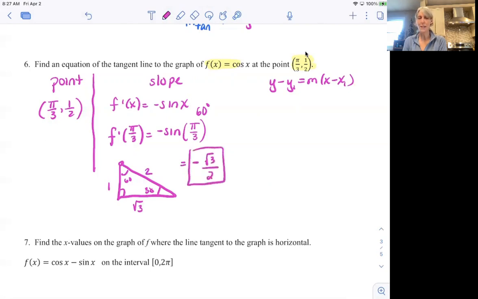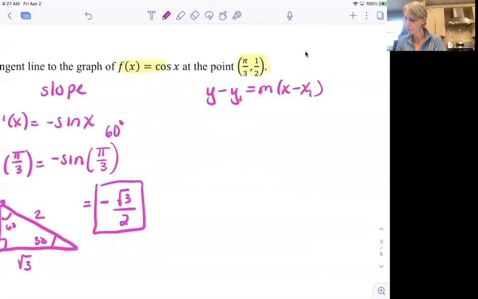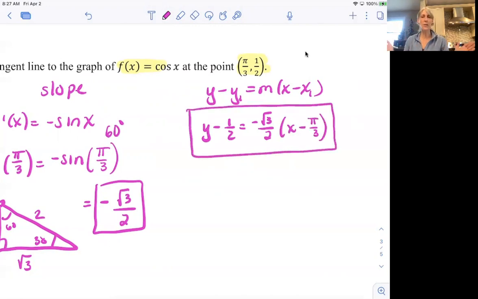Don't worry that this is a messy number. We're just going to plug it in there and leave it. Remember, I told you, you can just leave the answer. Y minus 1/2 equals negative radical 3 over 2, x minus pi over 3. And that is your answer. Okay, don't worry about it.